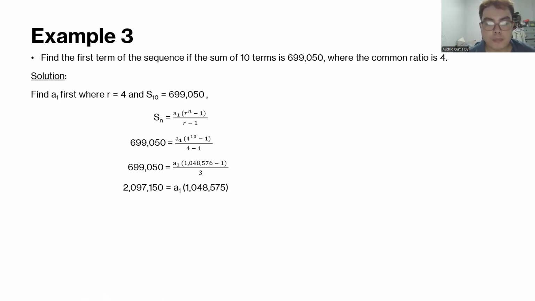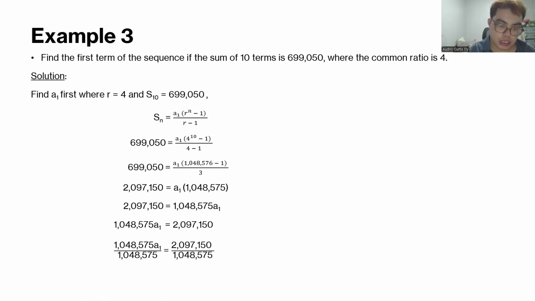This is my shortcut to remove the 3 from the denominator, so I multiply both sides by 3 to eliminate the 3 on the right hand side. Solving the equation, dividing both sides by 1,048,575, the first term is 2. So therefore, the first term is 2.